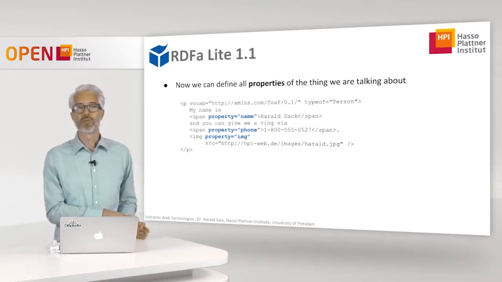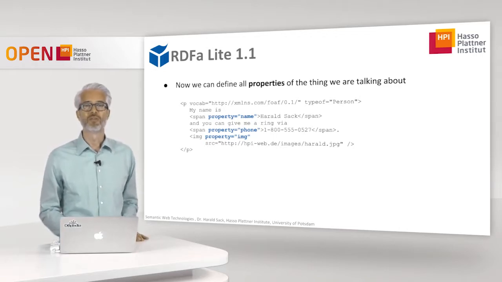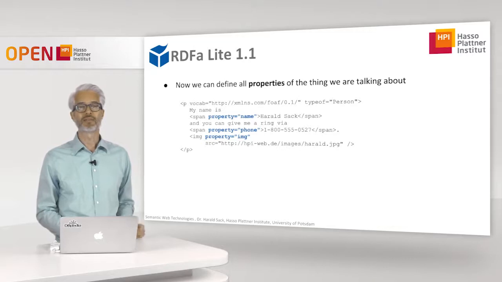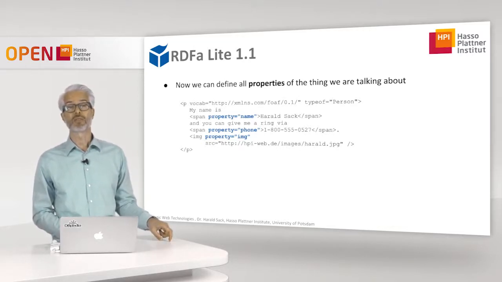And then I do the same with the phone number: the phone number is embraced by a span tag with the attribute foaf:phone. And then, for example, I can also add an image in the HTML page, and I say, okay, this is an image of me. So I encode it with the property foaf:img.